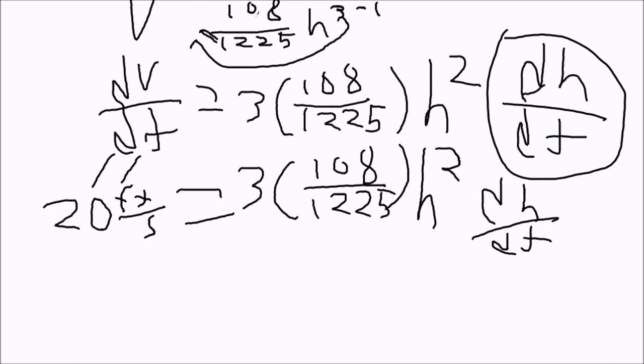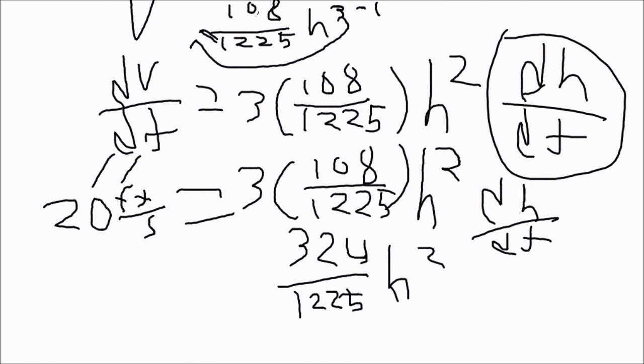Now we just apply the 3 times the 108 over 1,225, which equals 324 over 1,225 h squared dh dt.